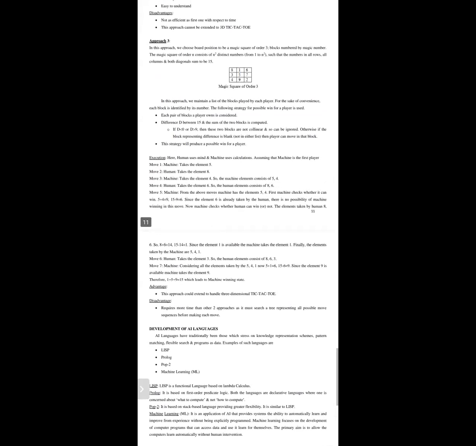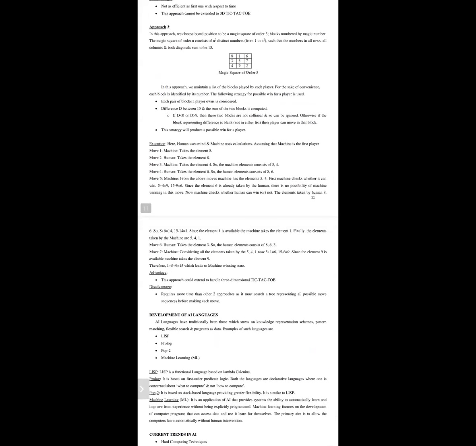For example, in order to get the next move, the first two blocks are to be added, and that sum should be subtracted from 15. Then you will get one value. That value should be filled in the block.